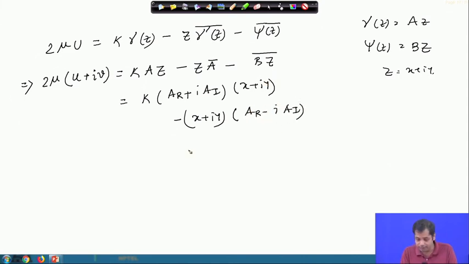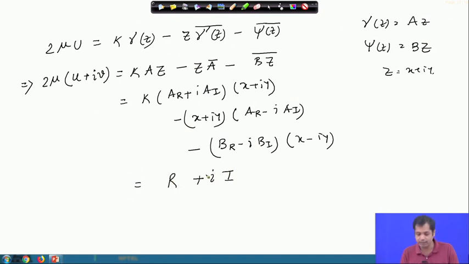This is the second equation, and the third equation becomes your b bar is b real minus imaginary, and then conjugate of b and conjugate of z minus i y. So, if you simplify this expression, then you get some real part and then some imaginary part, i into imaginary part, right.